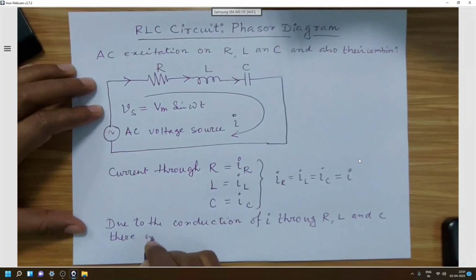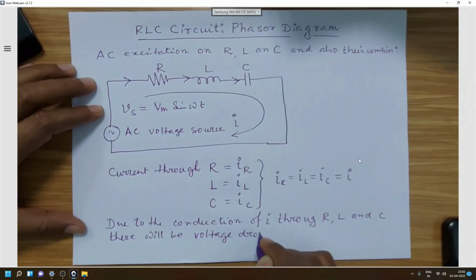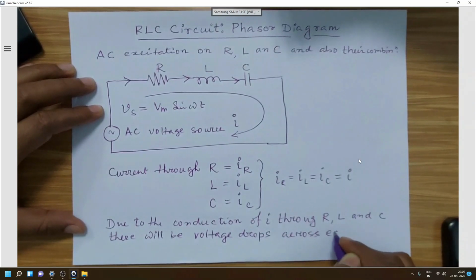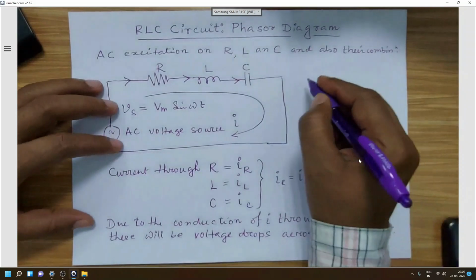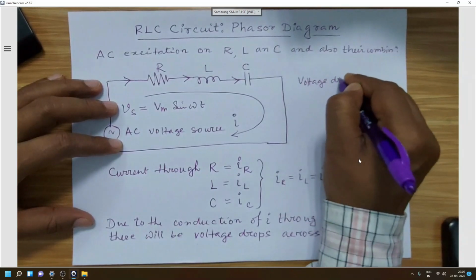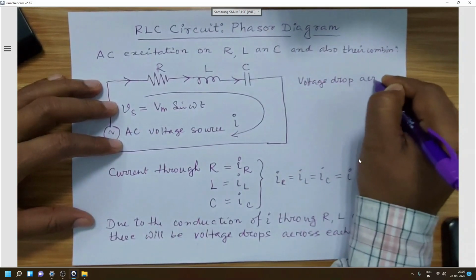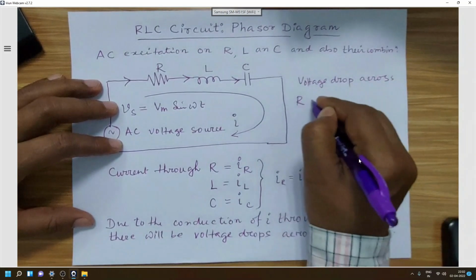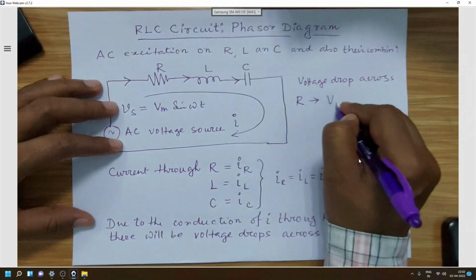there will be voltage drops across each element. So the voltage drop across R is, say, VR.